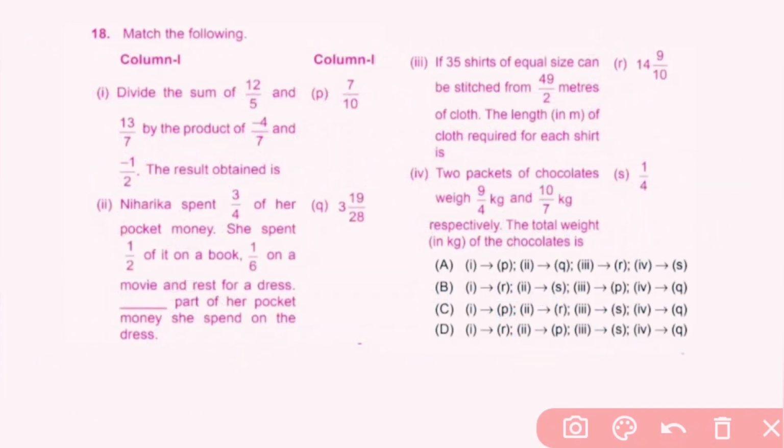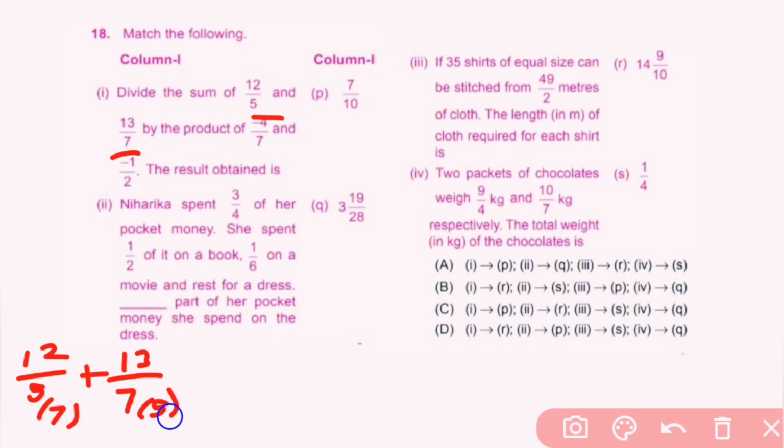Question number 18, match the following. Column 1, option 1. Divide the sum of 12 by 5 and 13 by 7 by the product of minus 4 by 7 and minus 1 by 2. So we first do the sum of 12 by 5 plus 13 by 7. So we will make their denominators the same by multiplying the numerator and denominator here by 7 and here by 5.